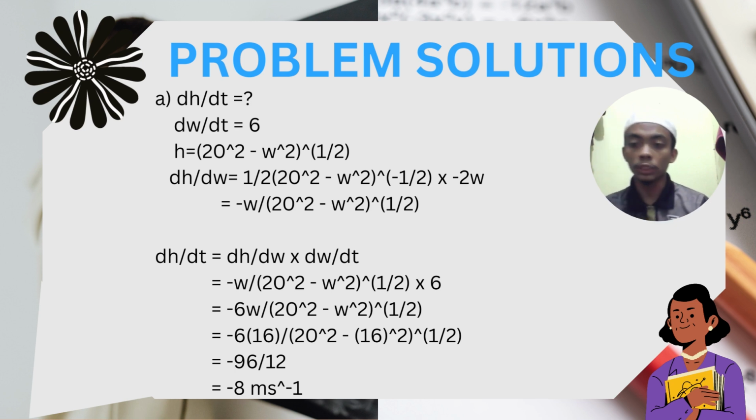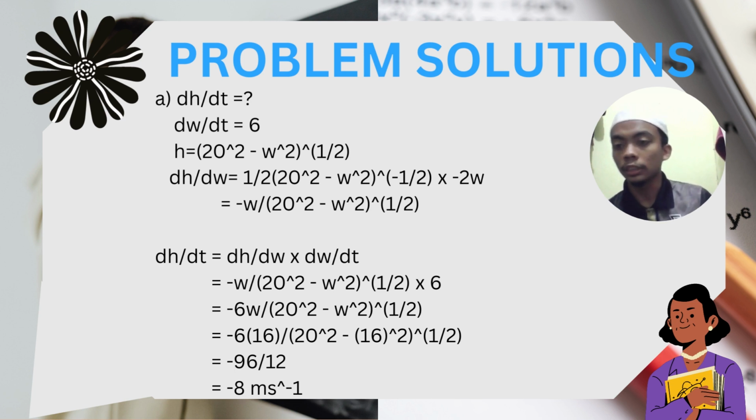To get dh over dw, as in step 3, we first write h is equal to (20^2 - w^2)^(1/2), or square root. This is the Pythagorean theorem.